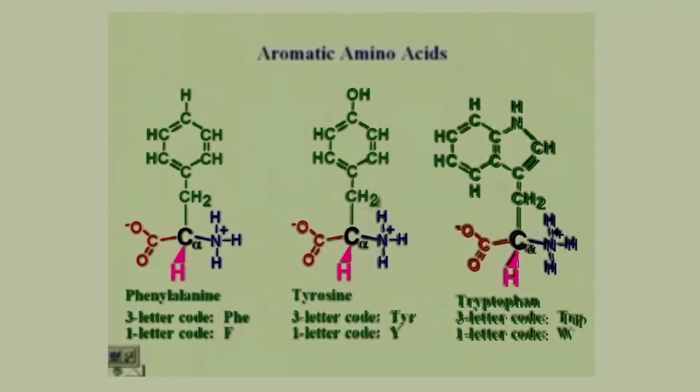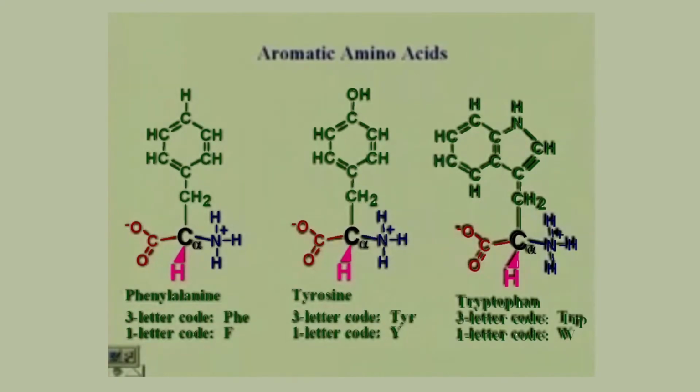So, we have a CH2 and we have a phenyl and an OH attached to this, which is called tyrosine. In tryptophan, we have an indole ring attached to the CH2. This is a very bulky amino acid, as you can see by the sheer size of it, and it is quite rare in proteins in that it is not present to a very large extent in many proteins.